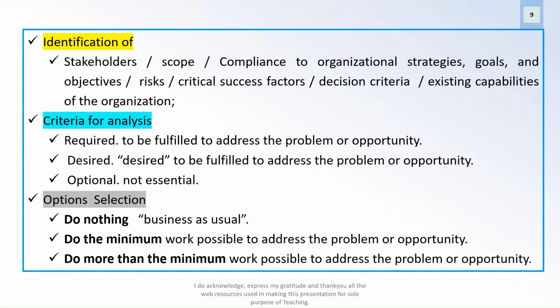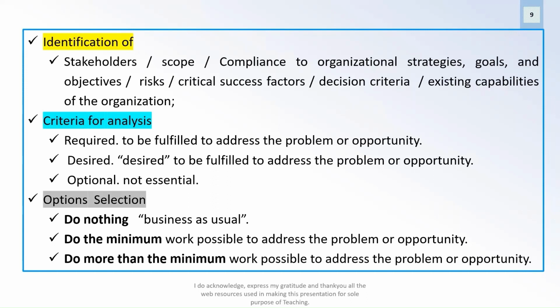But what could be the business models coming out? What business cases will be coming out? There are again three scenarios, three cases. You don't do anything, keep doing what you're doing, business as usual.